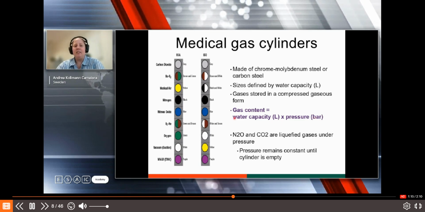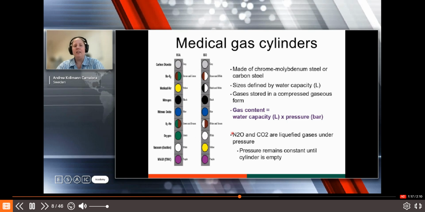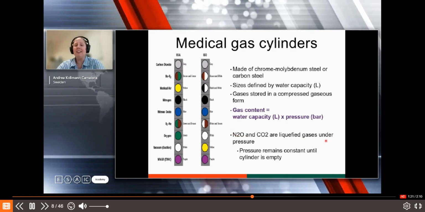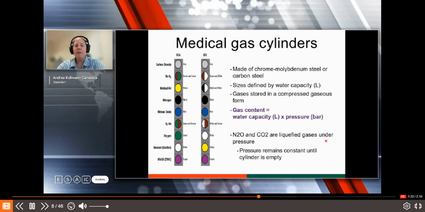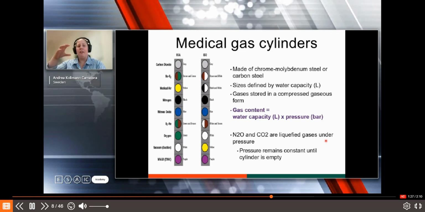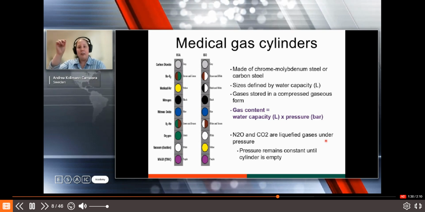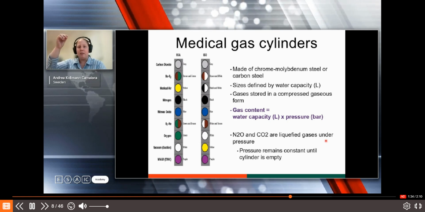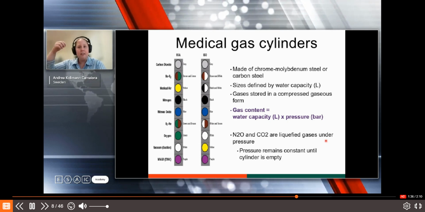But there is an exception, of course, and it is that N2O and CO2 are liquefied gases under pressure. So the pressure remains constant because as soon as I take a little bit of gas out, then more liquid is gasified. And then I take a little bit more and then it's gasified.